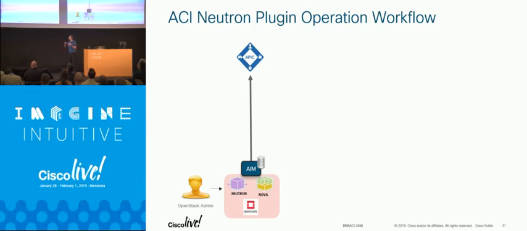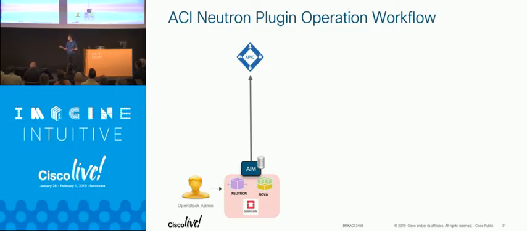So what is the model? What is the workflow with the ACI integration module? Well, OpenStack is a cloud operating system, so it's an orchestrator which orchestrates compute, storage, and network. The idea is that we want to keep the OpenStack administrator orchestrating all of this.